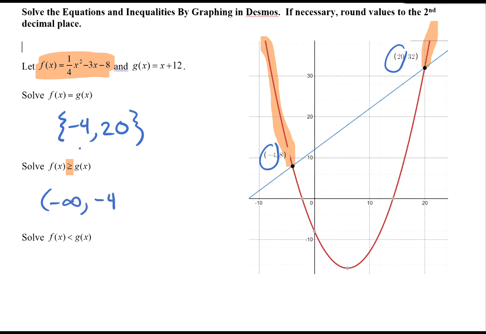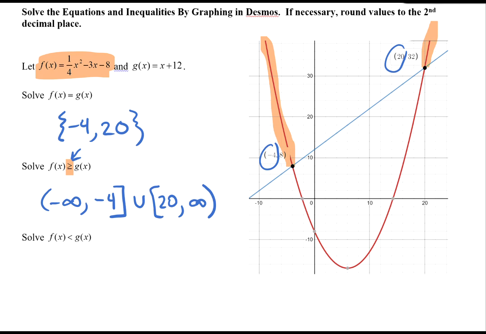Because I can be equal with this inequality, I'm going to include the -4, and then the other region would start up at 20, including the 20, and go to infinity. So my solution set for when f is greater or equal to g would be the x values -infinity to -4, including the -4, and then 20 to infinity, including the 20.